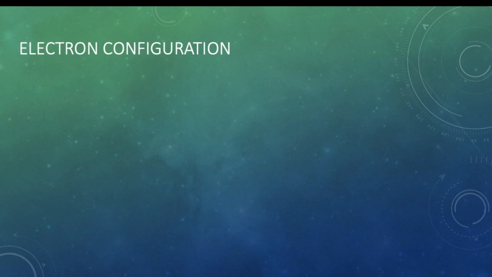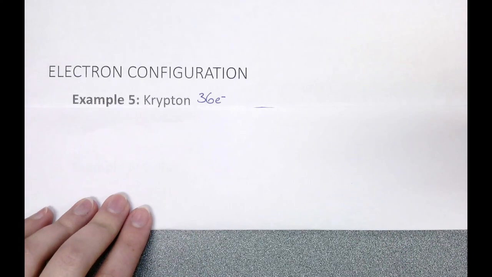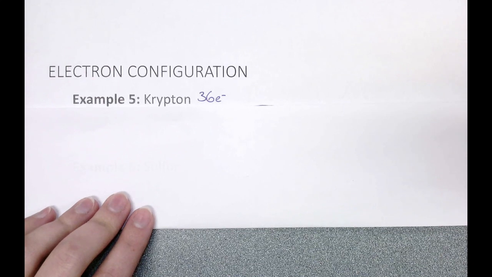Let's work through some examples on this. Example number 5, we're going to write the electron configuration for krypton. So we've got krypton, and krypton has 36 electrons. So you can either use the periodic table to figure out the order of the orbitals, or you can use the chart that we showed before.